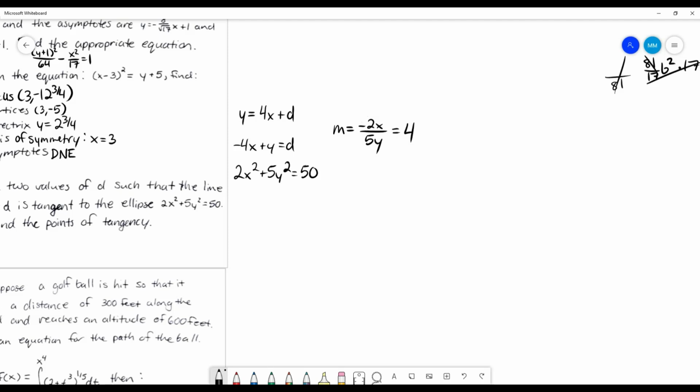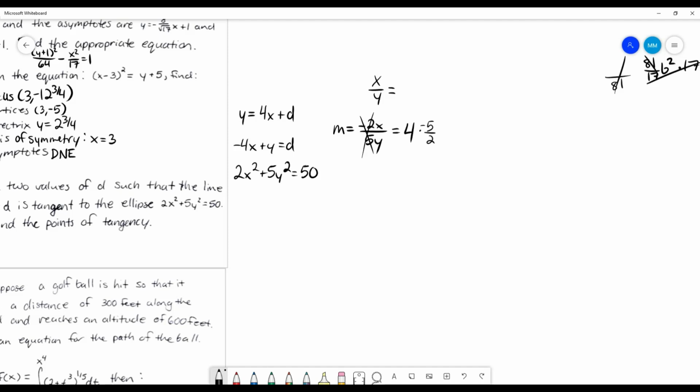Let's see. So that would be x over y. So if this is equal to 4, I'm then going to divide off that negative 2/5. So it's going to be 4 times negative 5/2, right, to cancel that out.